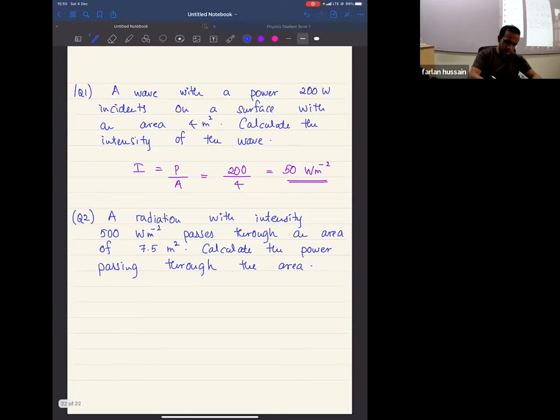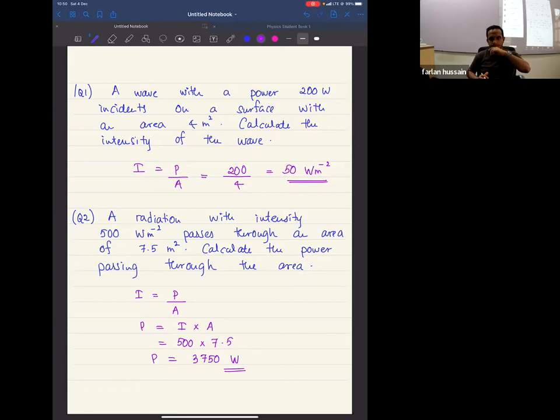So guys, intensity is equal to power over area. If you cross multiply, power is equal to intensity times area. What is intensity? 500. What is area? 7.5. So 500 times 7.5 will be 3,750 watts.